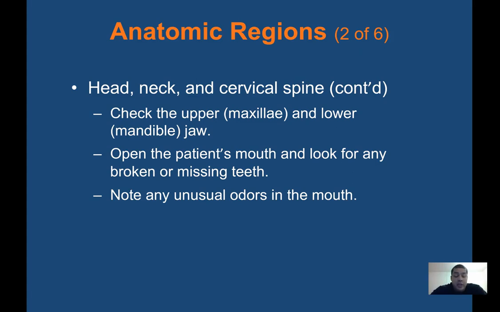If a patient has a seizure, open up their mouth and see if they bit their tongue. Does the patient smell like alcohol? Does the patient have kind of a fruity tone to their mouth? Because that could be considered a hyperglycemic patient.